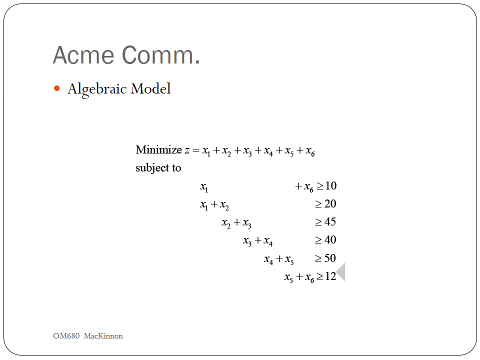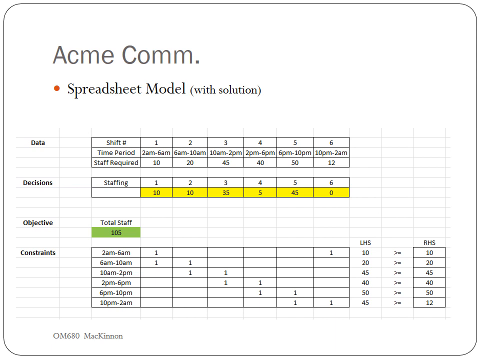So let's take a look at what it looks like in the spreadsheet. This is our spreadsheet model with solution. Notice everything is nicely lined up according to shift, lined up vertically. Our decisions are lined up and our constraints are lined up. Notice also at the bottom that you have workers working 2 consecutive shifts.